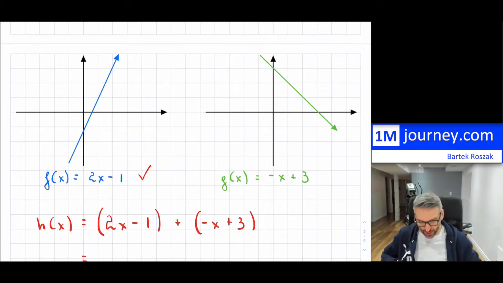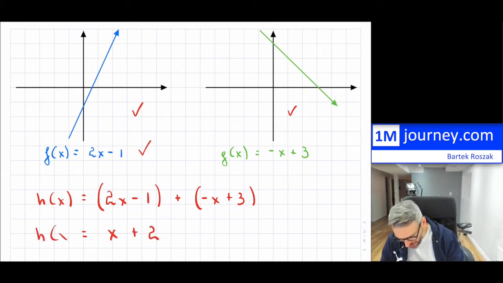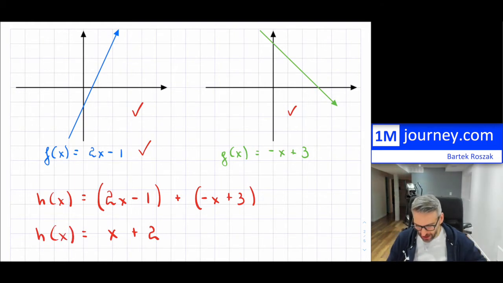So let's take a look, just so to kind of show you that you can have this combination of two functions. So if I'm going to be adding these together, so 2x and then minus x, I guess is going to give us x. And then -1, so plus the 3, is going to be giving us plus 2. So we have a pretty nice, neat line. So notice now it has a slope of 1 and goes through 2.